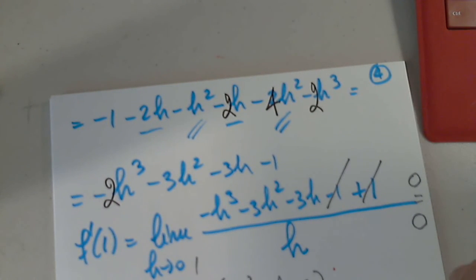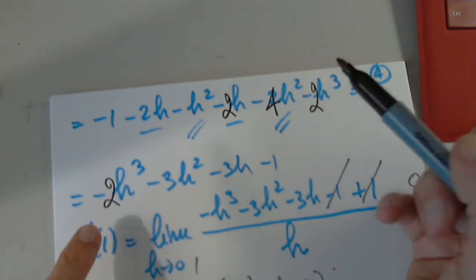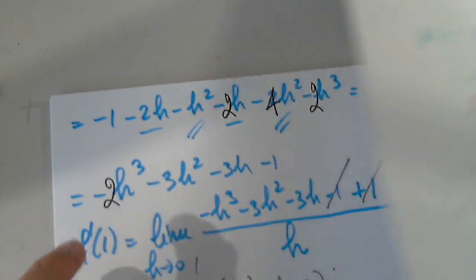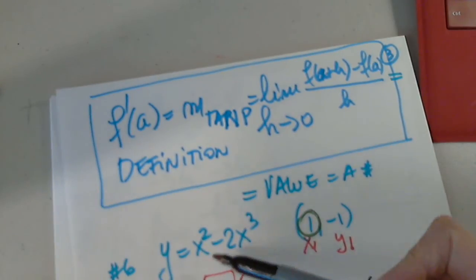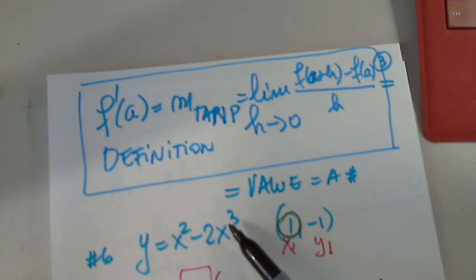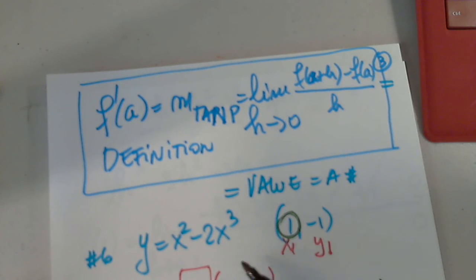I'll tell you later how I realized that something was wrong when I looked at the function. I didn't look at this function before, you just picked it. But I realized that something went wrong because we're going to learn very soon in chapter 3, at the very beginning, how to differentiate this. And this is 2x minus 6x squared. And when I plug in 1, I don't get 3.